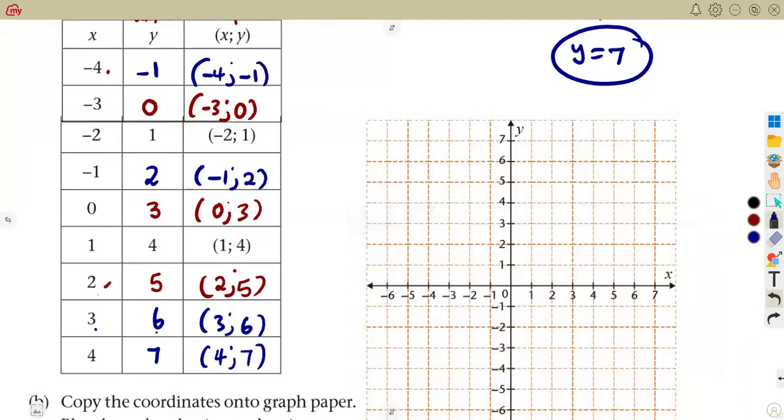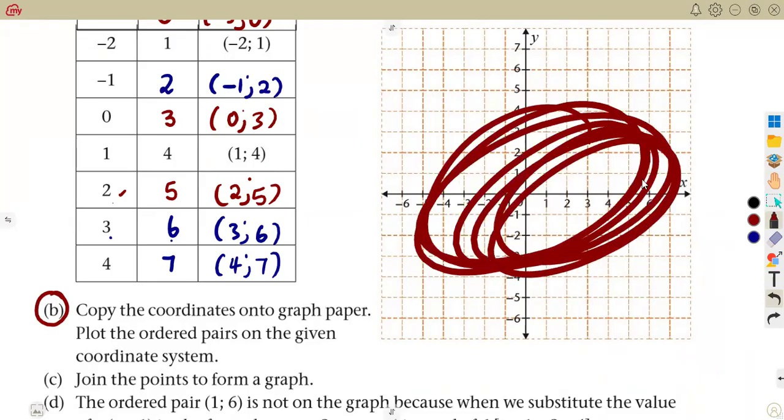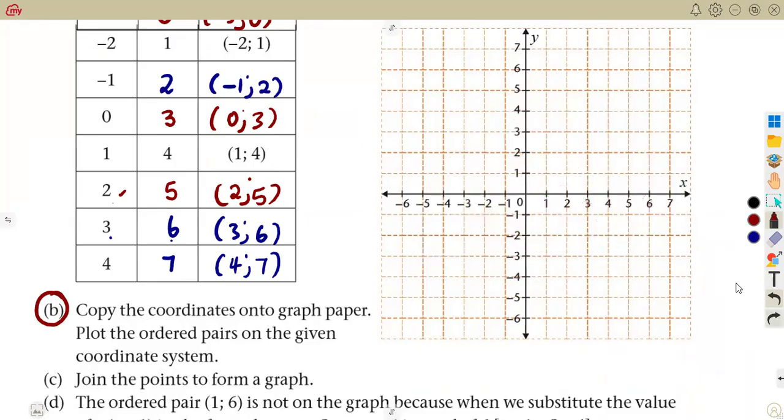Then after that, they want you to copy the coordinates onto the graph paper. So we're going to copy them onto the graph paper to mark the points. Plot the ordered pairs on the given coordinate system.